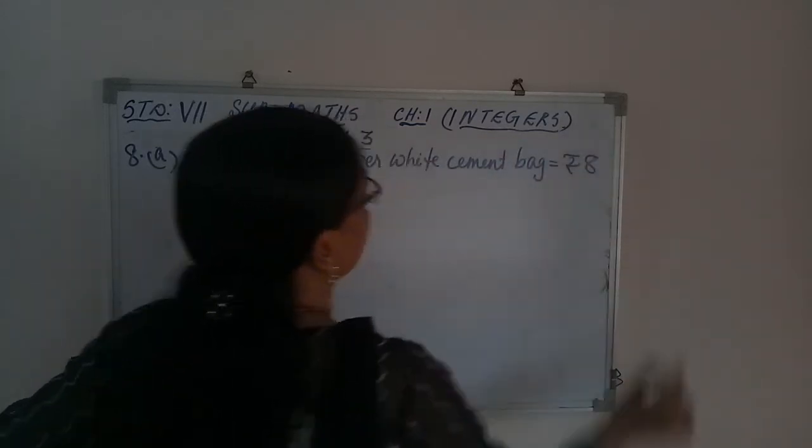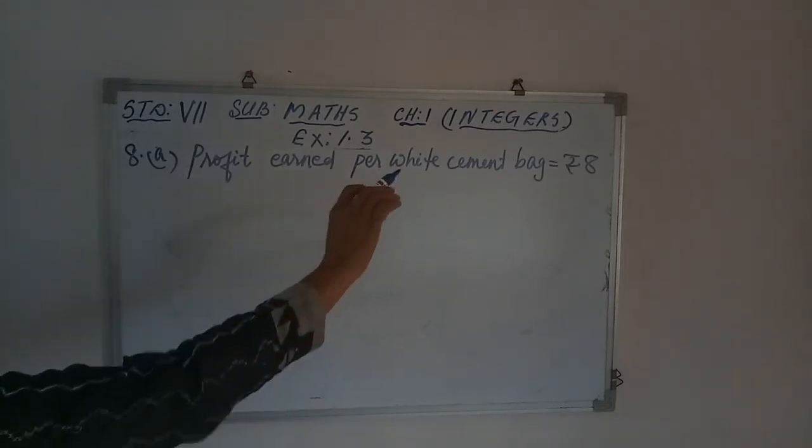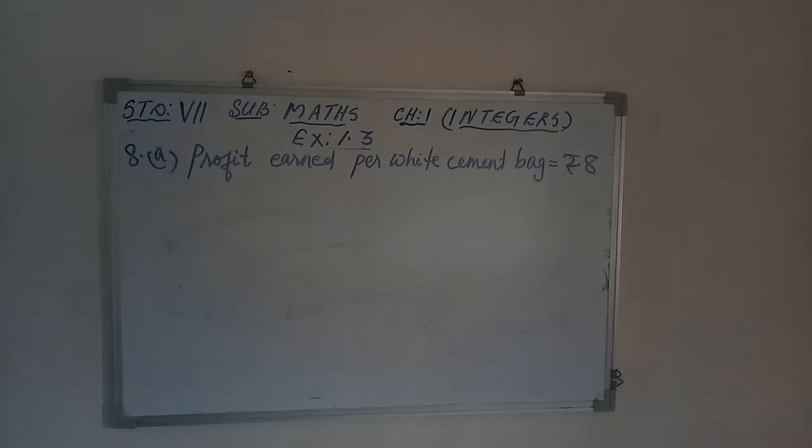Rupees 8 for a white cement bag. Therefore, for one white cement bag, the profit is rupees 8. So we can find out what is the profit earned for 3000 white cement bags.